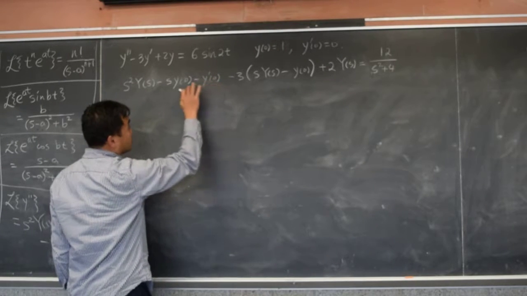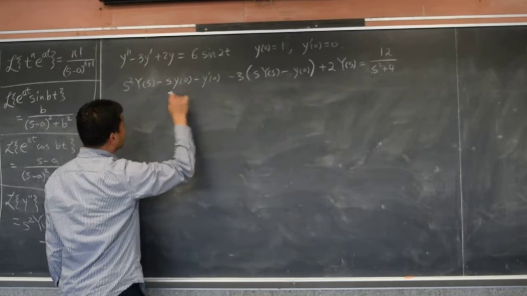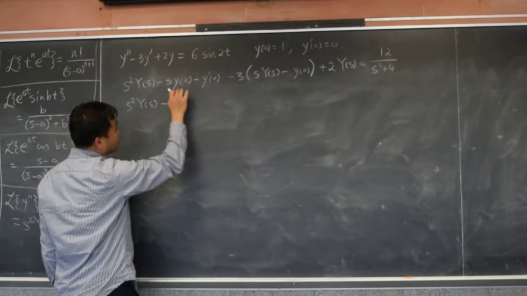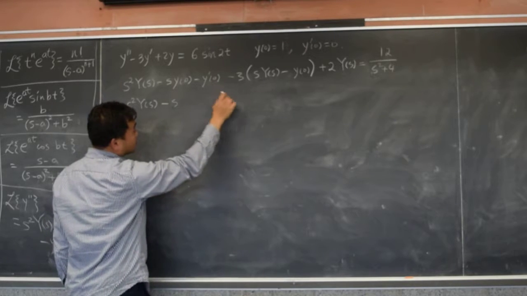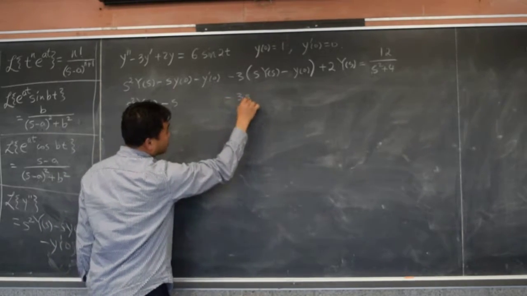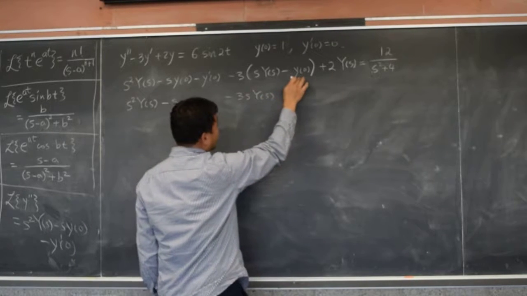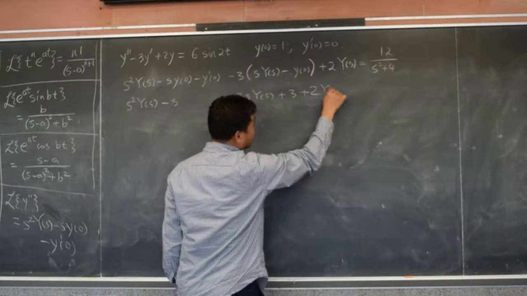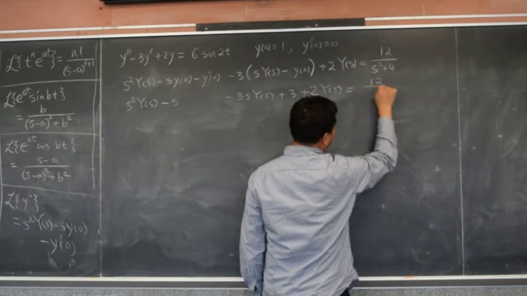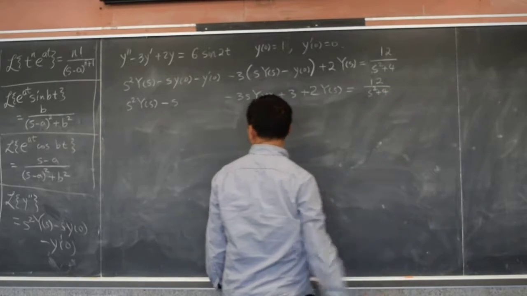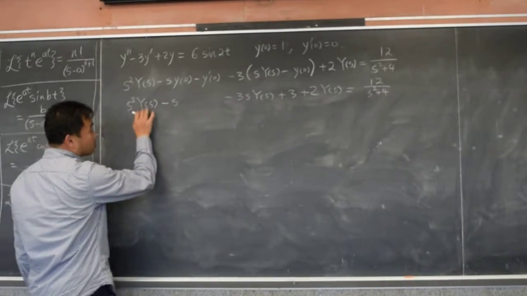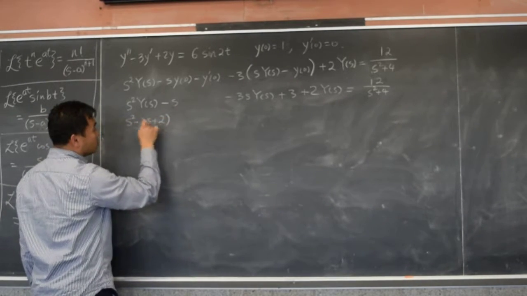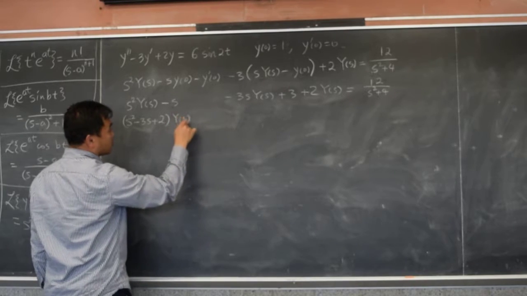Now use the initial conditions. This is 1, that's 0, that's 1. So you have s squared Y(s) minus s, that's 0, minus 3sY(s), that's 1. Negative 3 times negative 1 is plus 3. So it's 2Y(s) equals 12 over s squared plus 4. Collect the Y(s)'s together, so it's s squared minus 3s plus 2 times Y(s).